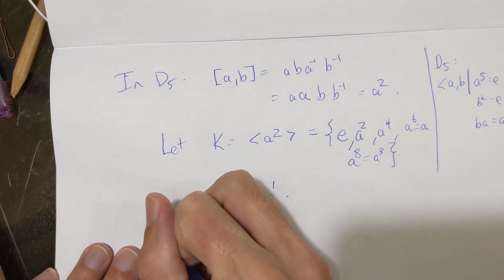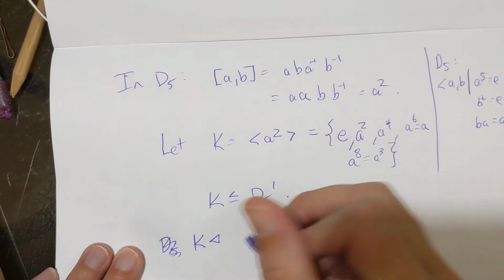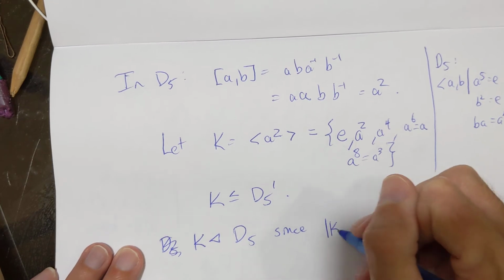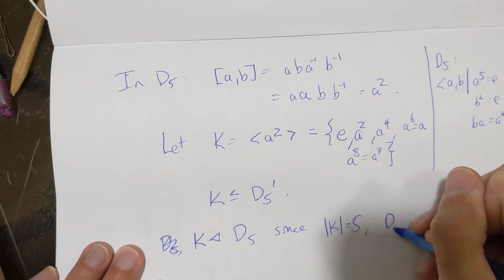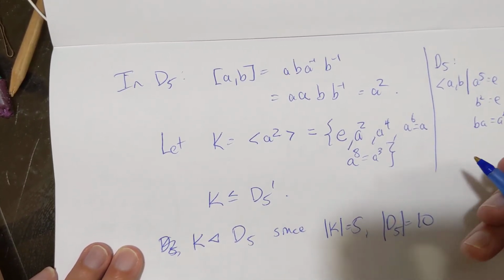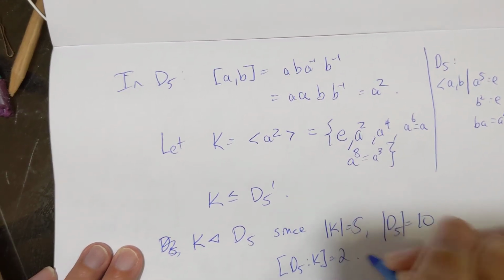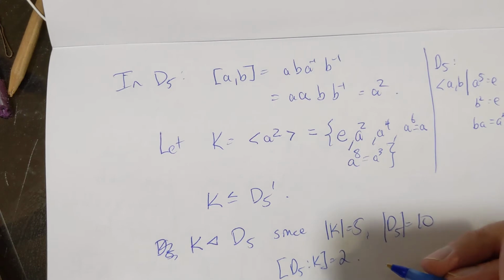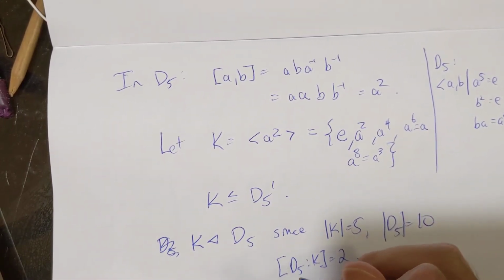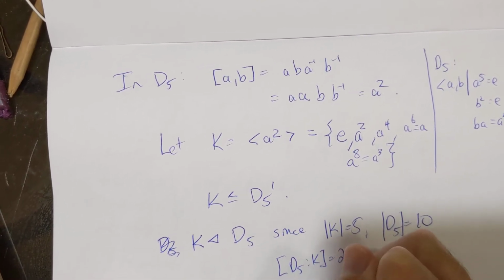First of all, K is normal in D5 since K has 5 elements and D5 has 10 elements. The index of K in D5 is 2. A subgroup of index 2 is a normal subgroup, so K is normal. Not only that, but since it's normal, we can take the quotient, and D5 mod K is a group of order 2.